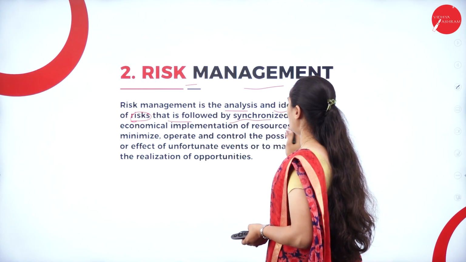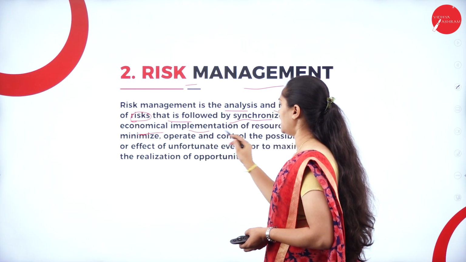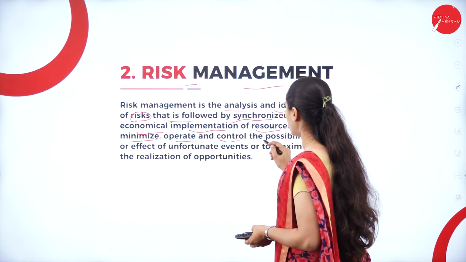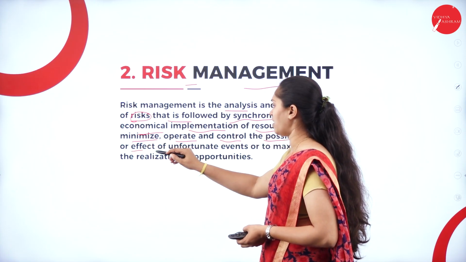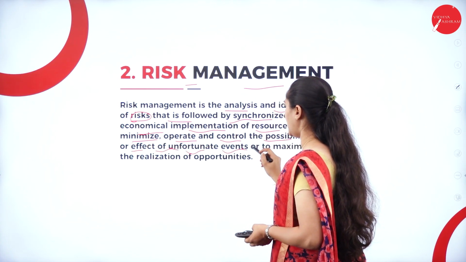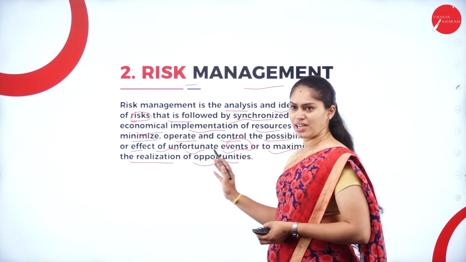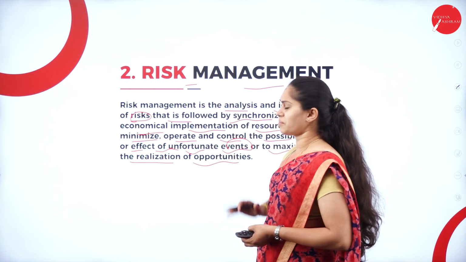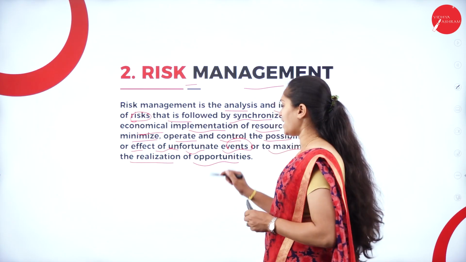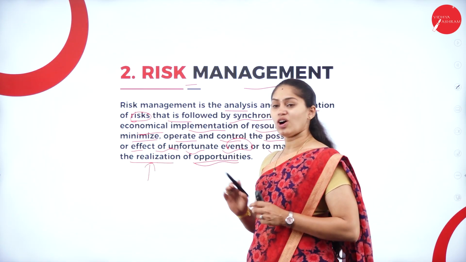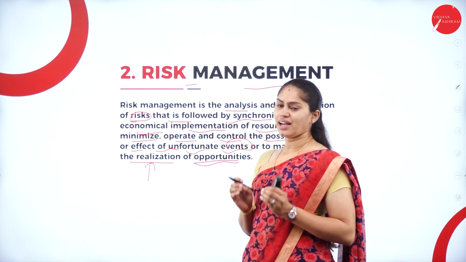It will be followed by synchronized and economical implementation of resources to minimize, operate and control the possibility or effect of unfortunate events, or to maximize the realization of opportunities. What is the main agenda of risk management? We have to maximize the opportunities. We have to maximize the performance or realization of that particular project.